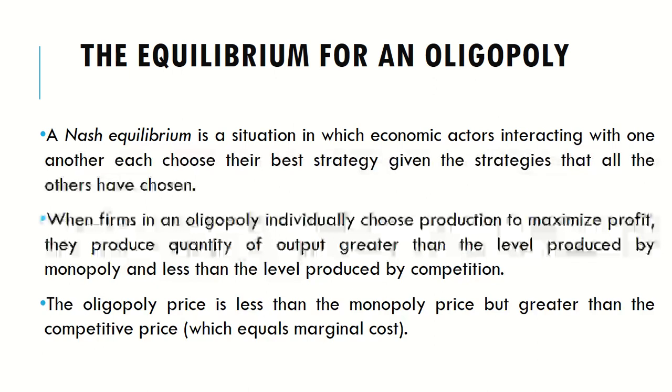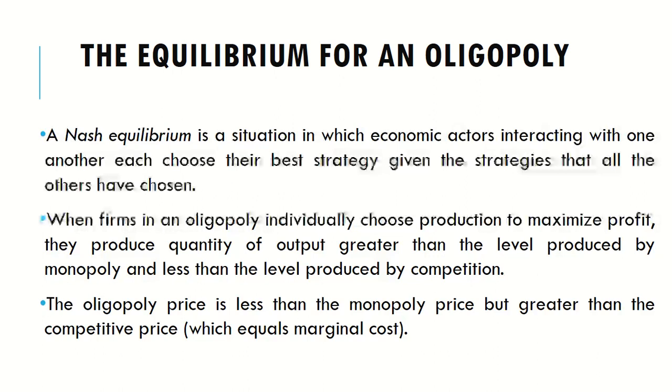So the oligopoly price is less than the monopoly price because in case of oligopoly there are few firms which are competing with each other. Either they are cooperating or producing in their own self-interest. But in case of monopoly, there is only one firm and there is no competition.